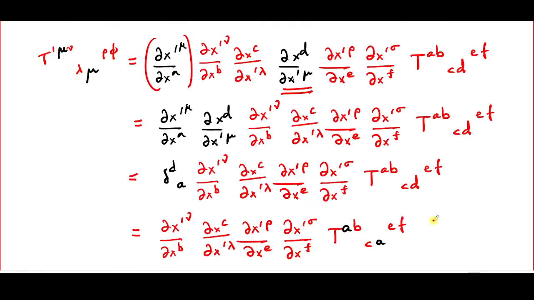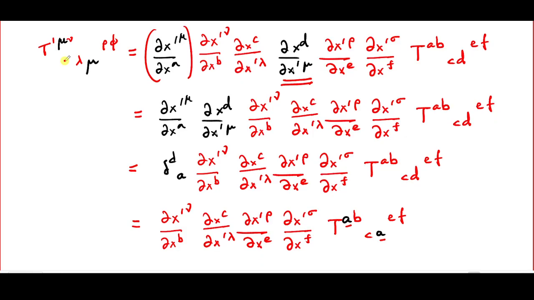But other than that, these two coefficients have essentially disappeared, and in the tensor you have T a b c a e f. So the same contraction between the first and the fourth index as you have done here. So essentially if you do a contraction of two indices, they just end up disappearing from the transformation rule.